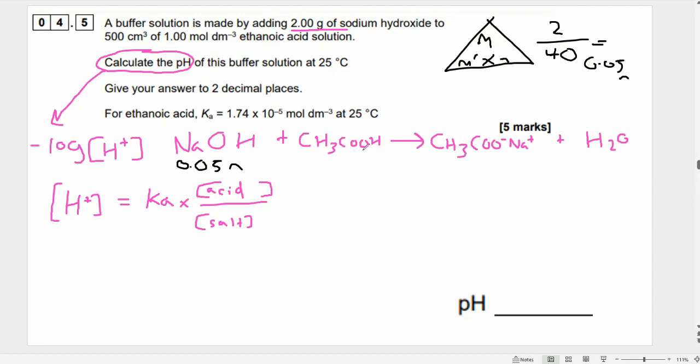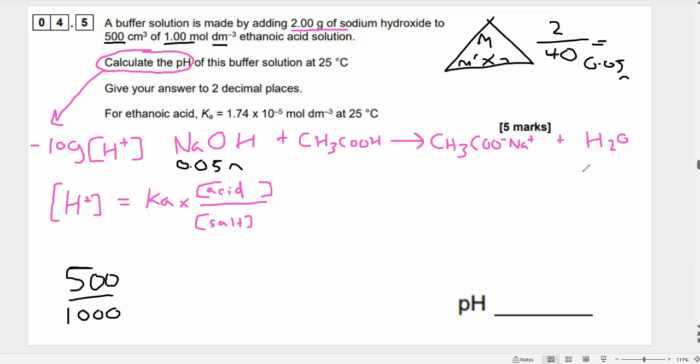Okay, what's going to happen? Let's find out how much acid we've got. So 500 cm³ times 1 mol dm⁻³. I need to convert them both to decimeters. The concentration is already in decimeters, but my volume isn't. So we're going to do 500 over 1,000. You remember how to convert centimeters cubed to decimeters cubed. You divide by 1,000. That's going to give us our volume.